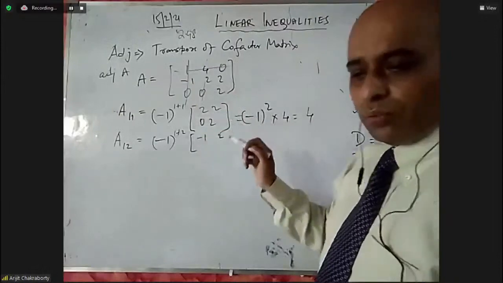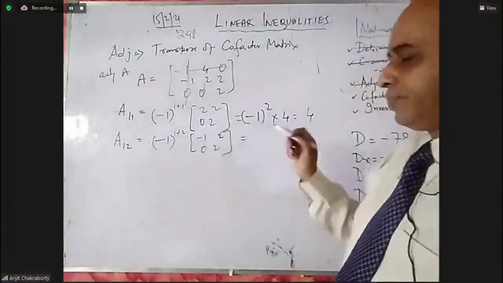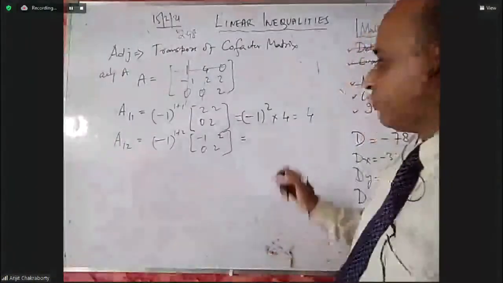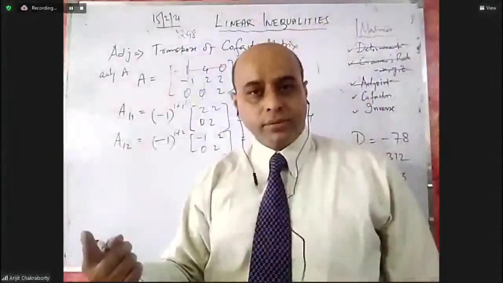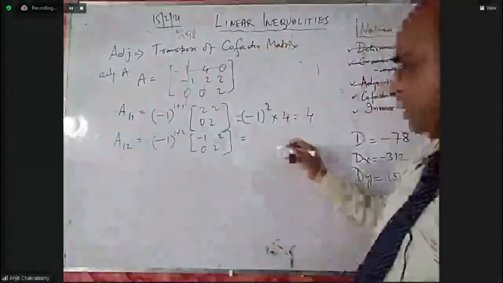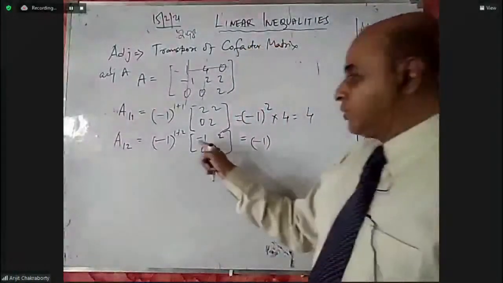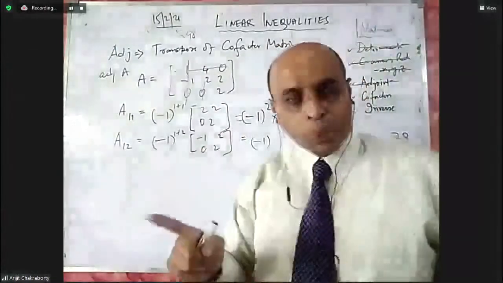Okay. And this gives us minus 1 to the power 3, that is minus 1 into minus 1 into minus 1, that is minus 1. This determinant gives me minus 1 into 2, that is minus 2.